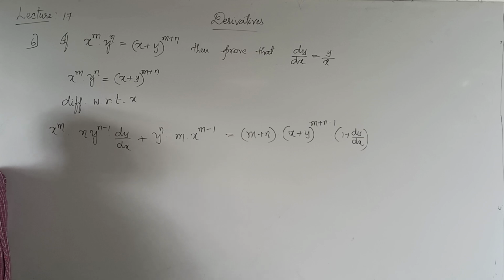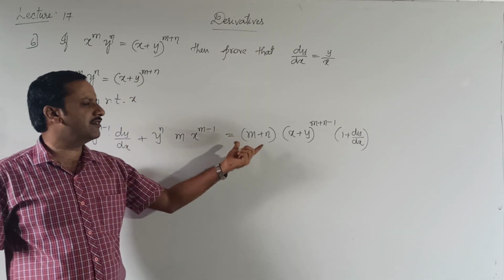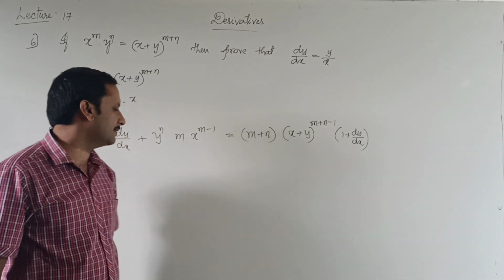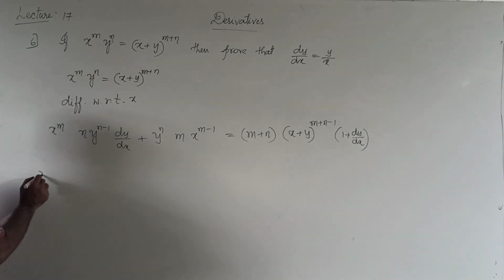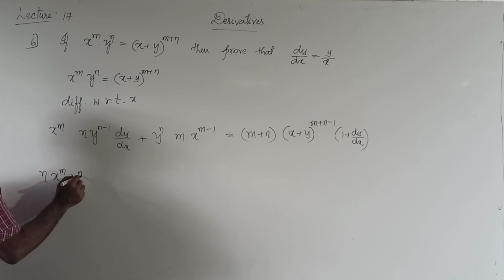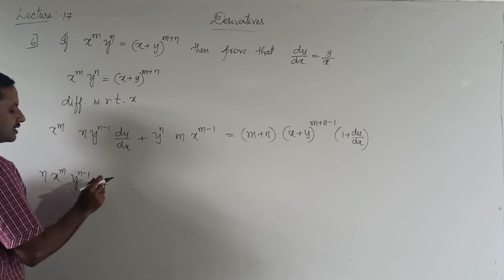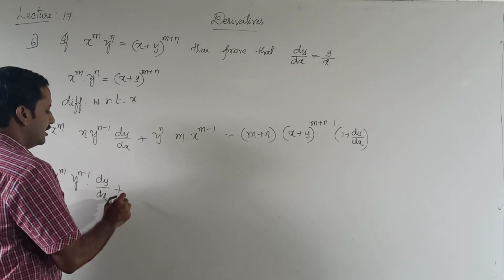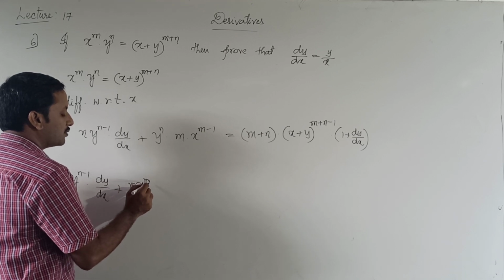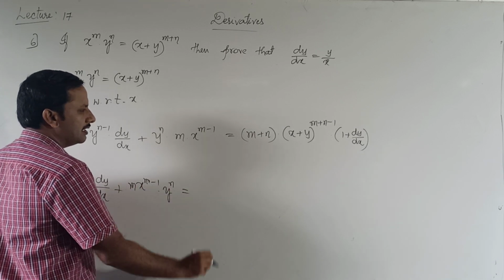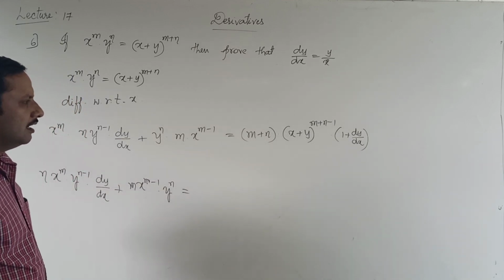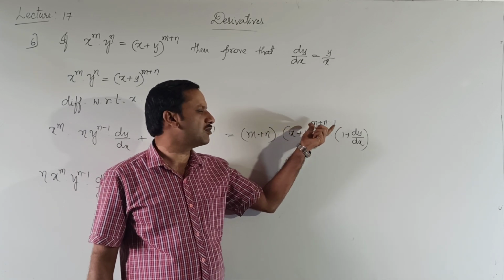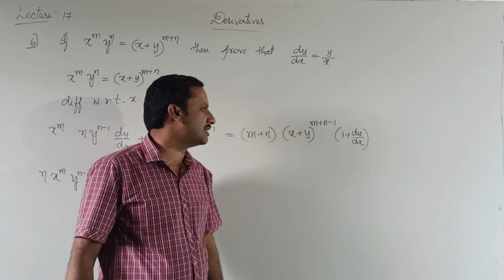Okay, did you understand this step? Here x plus y whole power m plus n, so its derivative will be m plus n into x plus y whole power m plus n minus 1 into 1 plus dy by dx. Okay, so n into x power m into y power n minus 1 into y dash or dy by dx, plus m into x power m minus 1 into y power n is equal to, I will write this x plus y whole power m plus n minus 1 as x plus y whole power m plus n divided by x plus y.